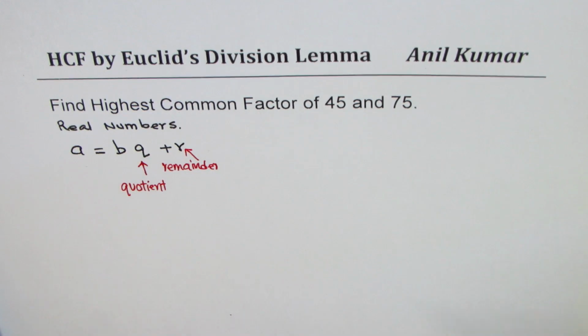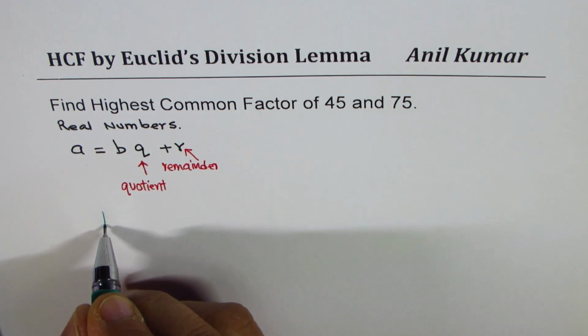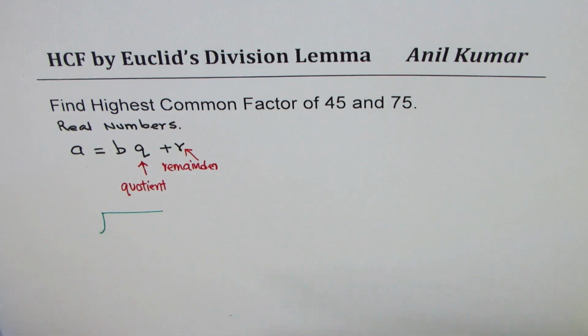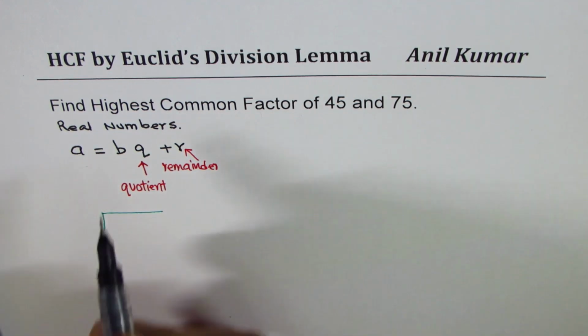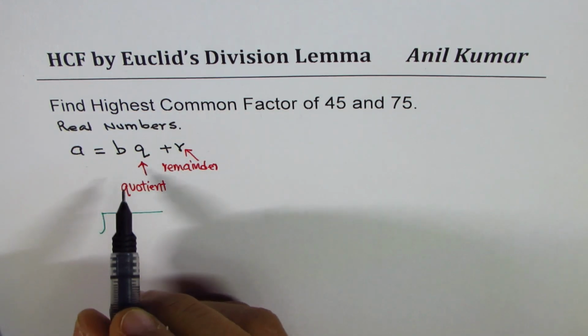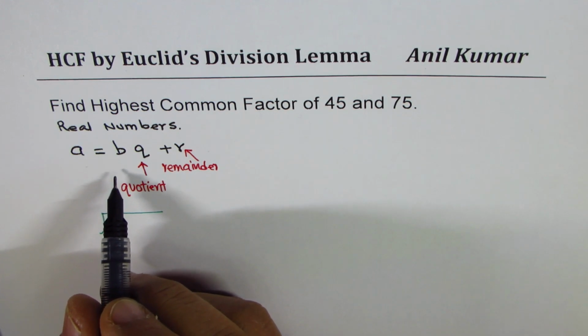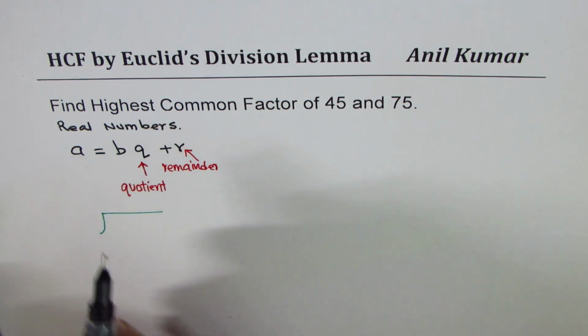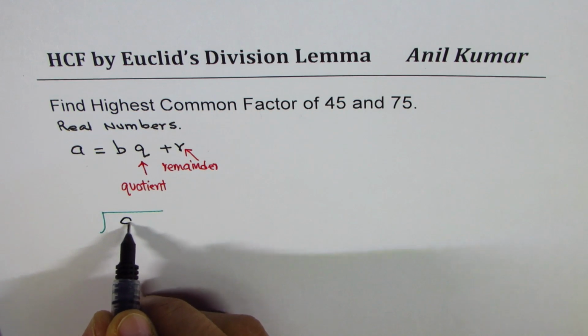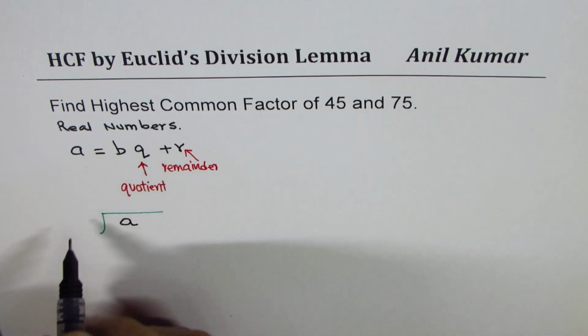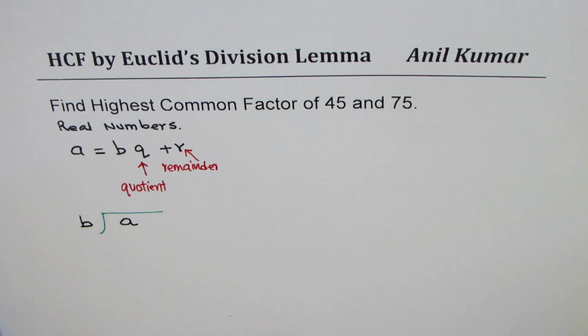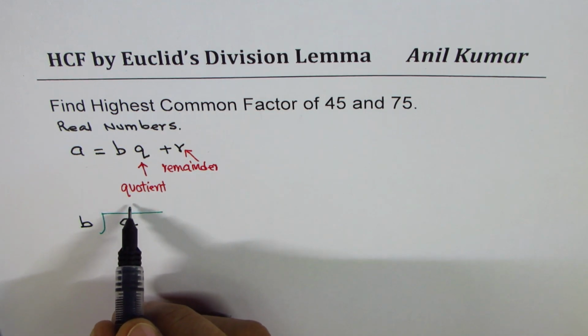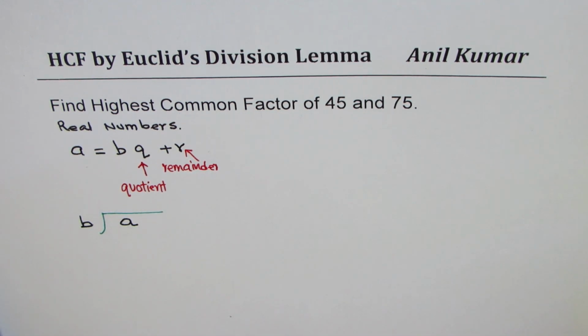So the idea is that if you do long division, let us say, and if you are dividing one number by the other, so a is a bigger number, a gets into this position, and you're dividing by b, then you get something here which we treat as quotient, right?